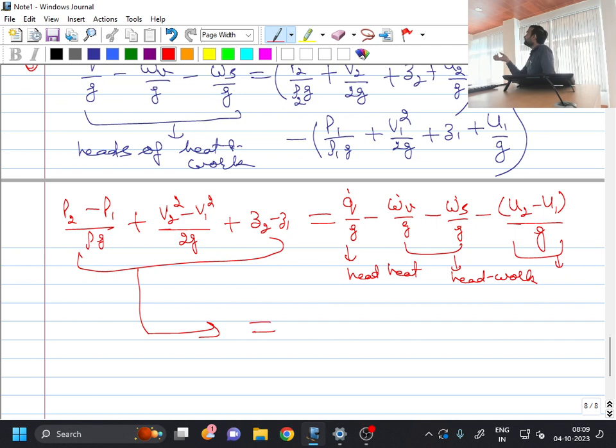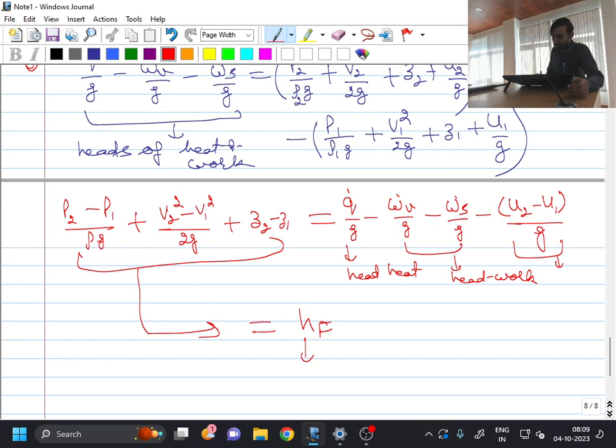I will have some frictional pressure drop, so some head loss because of friction. So outlet minus inlet for a pipe flow must be equal to head loss because of friction. This frictional head is typically applicable for pipe flows or flow through ducts.